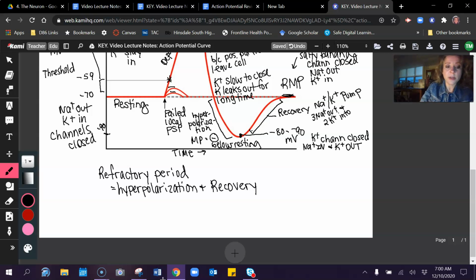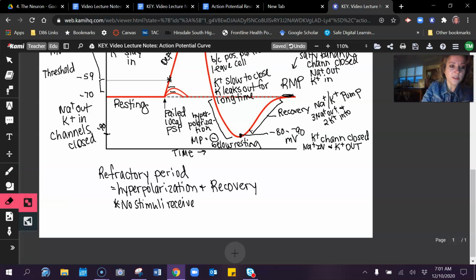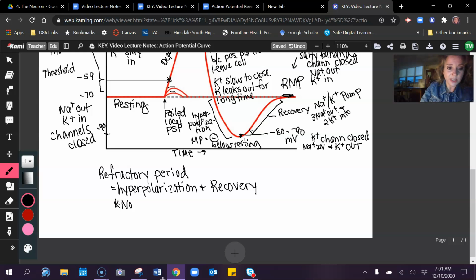During the refractory period, we are not going to receive any more stimuli. Maybe I should say that stimuli will not cause an action potential unless that stimulus is very strong during the recovery period.